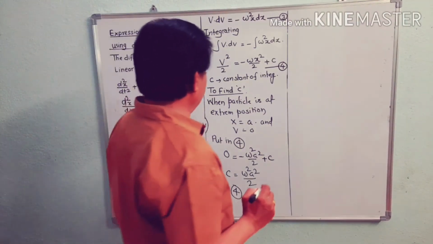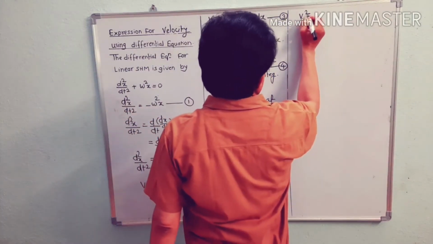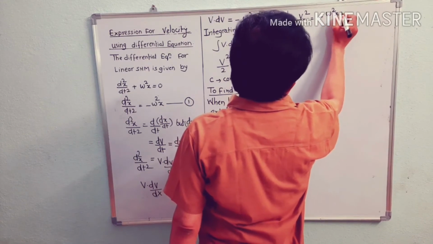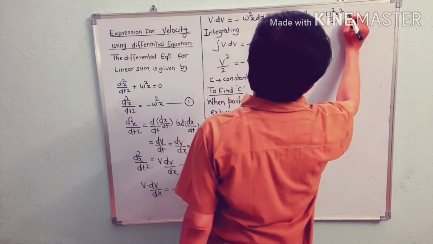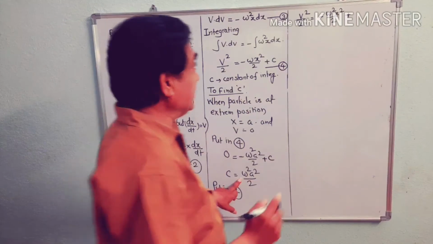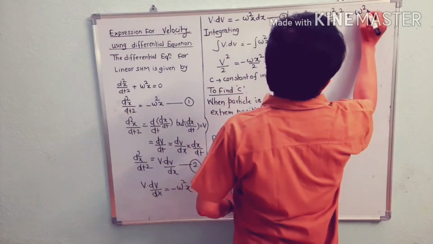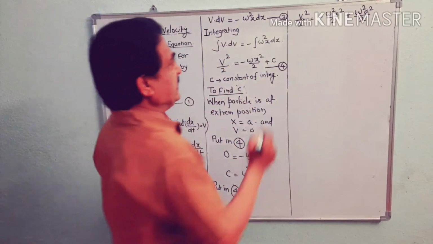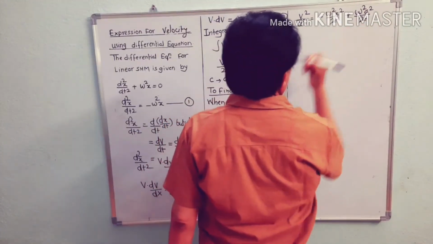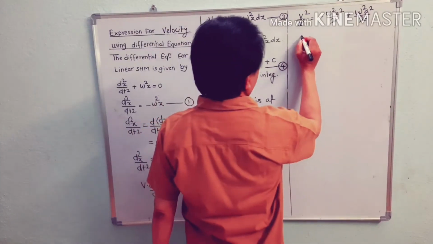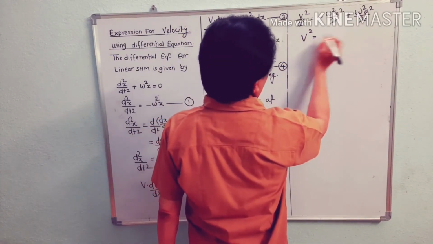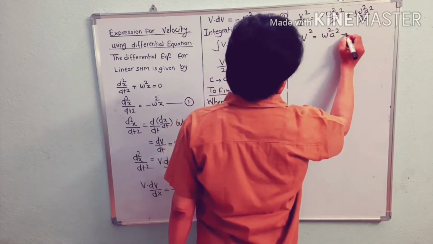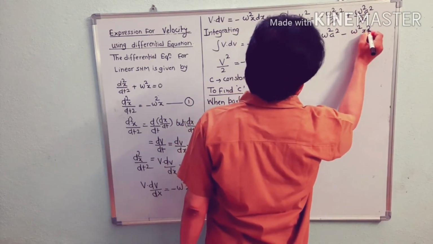इक्वेशन 4 मध्ये किंमत ठेवल्यानंतर v square upon 2 is equal to minus omega square x square upon 2 plus c. Constant of integration is omega square a square upon 2. Cancel this 2 from both sides. Then v square is equal to, plus term अगोदर घ्या, omega square a square minus omega square x square.